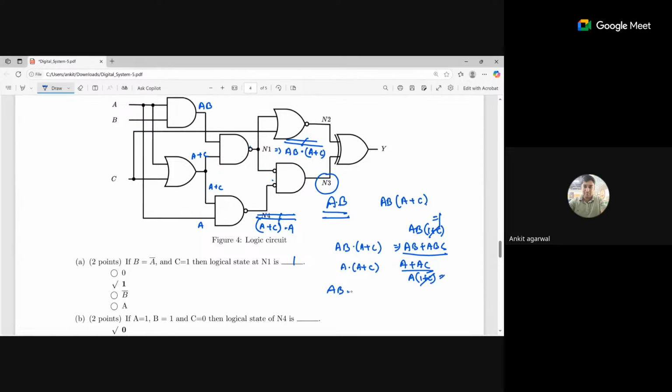So one input is AB and second input is A. And the ANDing of these two will give me AB. So your final output is AB. So only one gate is required.